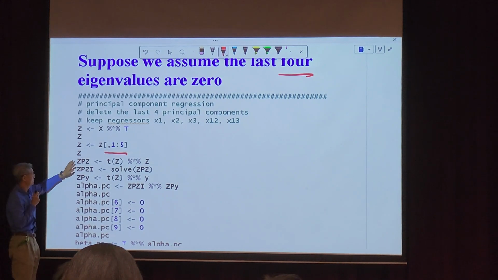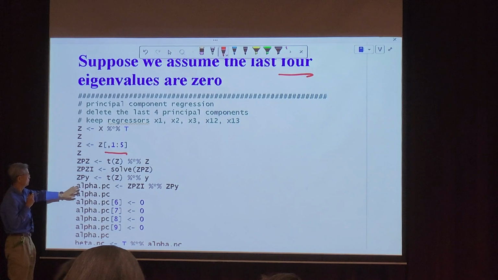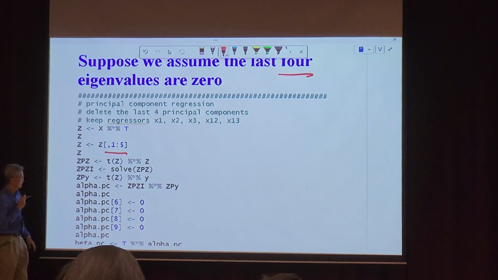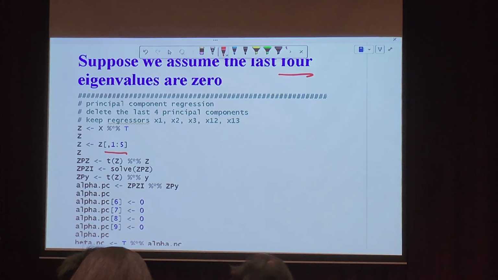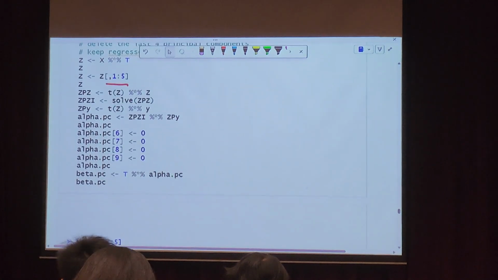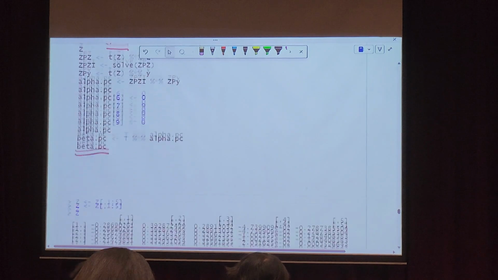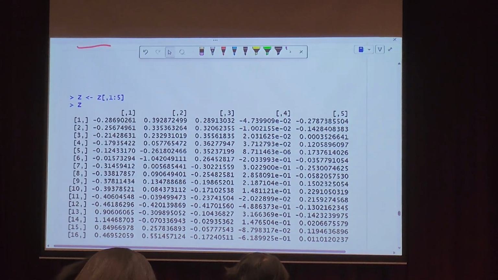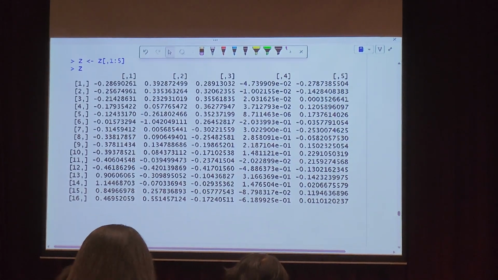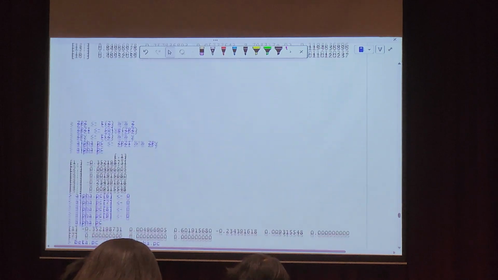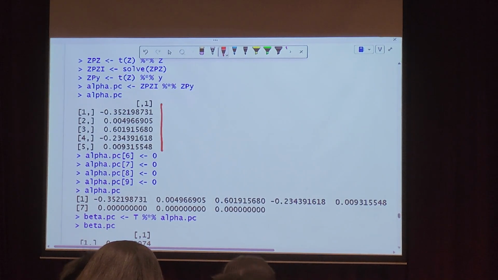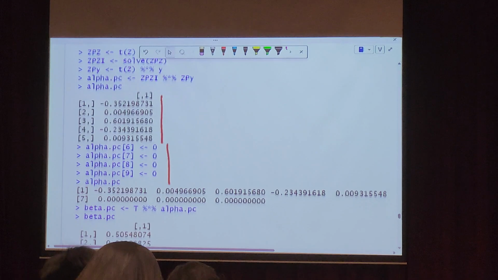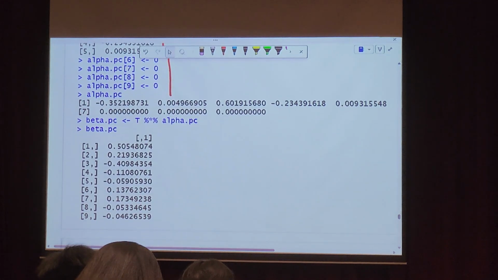Calculate Z prime Z, Z prime Z inverse, Z prime y, calculate alpha, and then set the last 4 to be 0, and calculate beta. So that's what you get. You solve it, you get the first 5, set the last 4 to be 0, and then calculate beta.